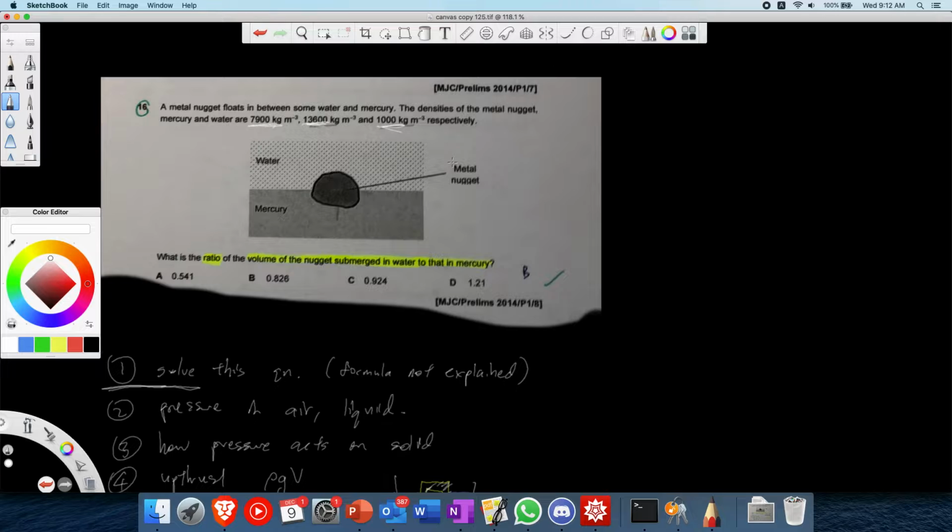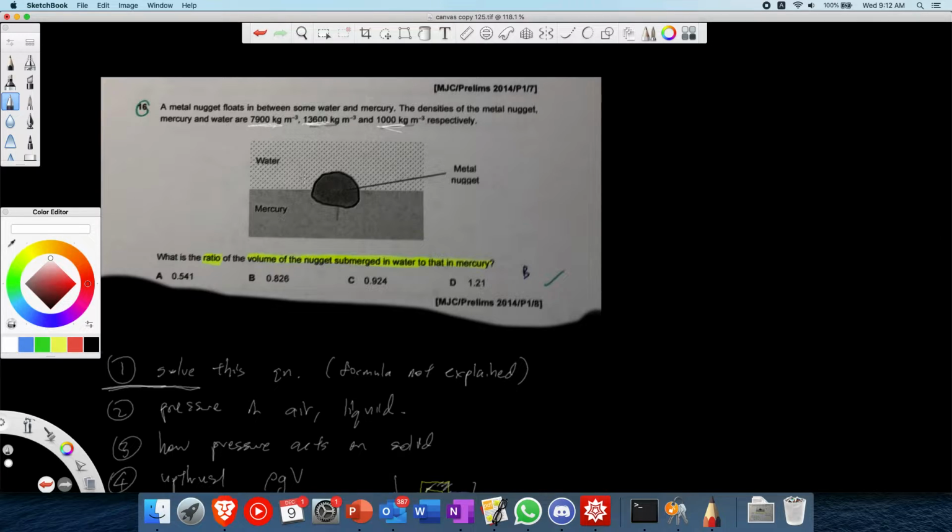But what if you have somewhere in between? Then the metal nugget actually rises a bit compared to when it was just in mercury. So if you have the metal nugget only in mercury and the rest of it is air, it will sink quite a lot. But if you put water on top, you actually make the metal nugget float a bit higher.